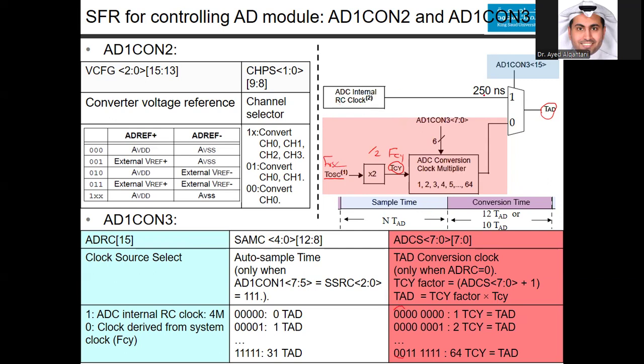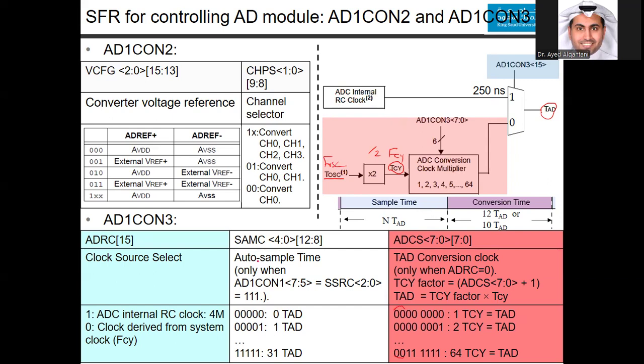And this one has a sampling time already fixed, 250 nanoseconds, or the frequency is 4 MHz. That's the other option of the clock source to facilitate the ADC operation.